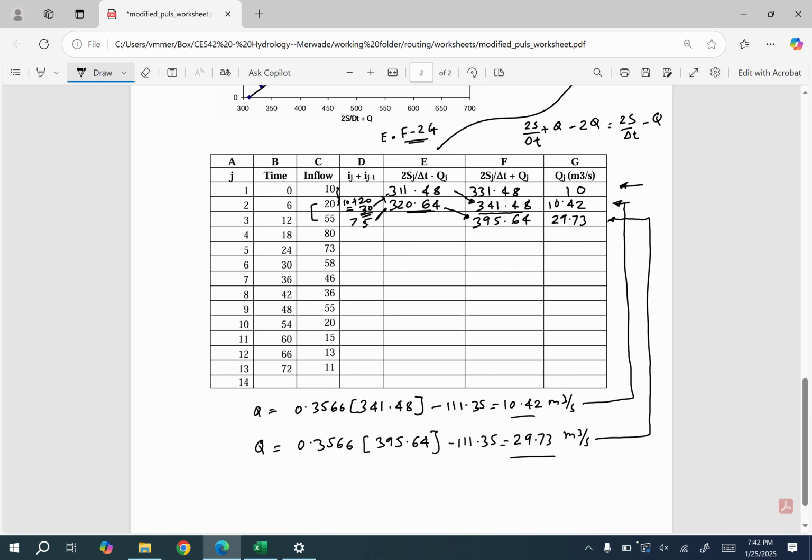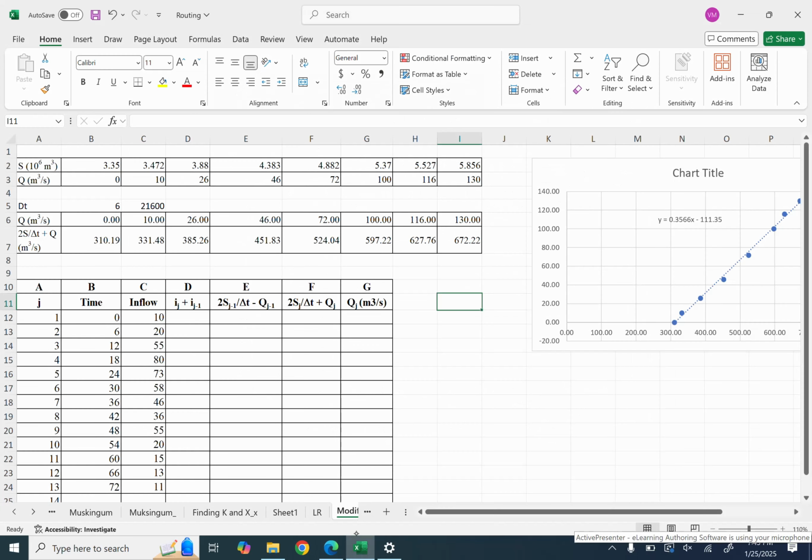Now let me show you how we can do this in Excel. This is what we have in Excel, and I have already calculated the values that we need for the storage outflow function. This is the equation we saw, y equals 0.3566x minus 111.35, and this is the table that I set up in that worksheet.